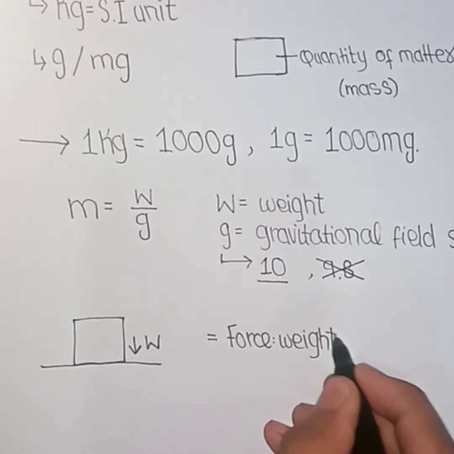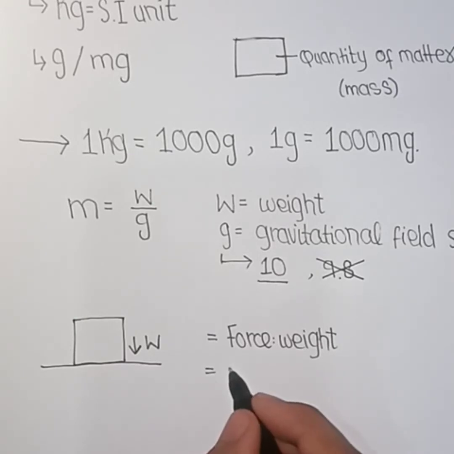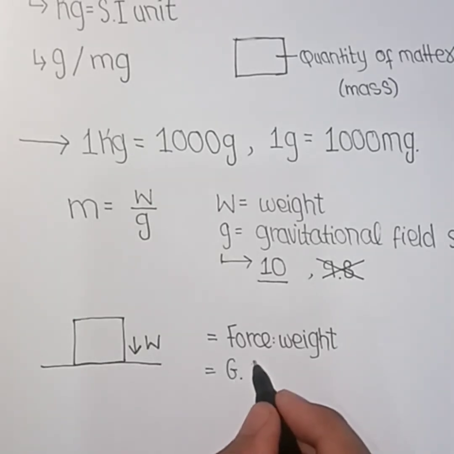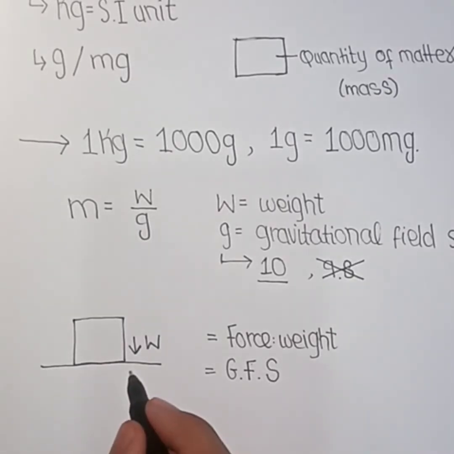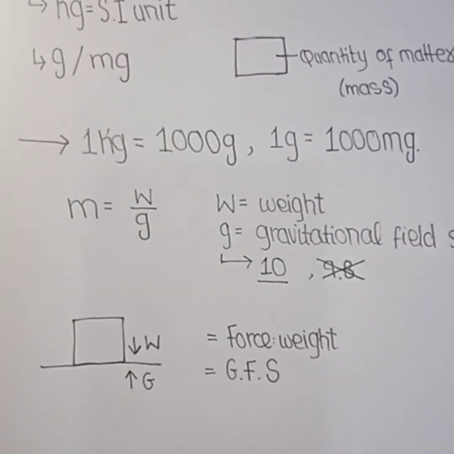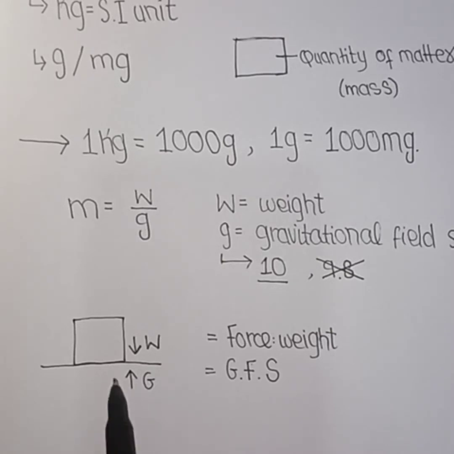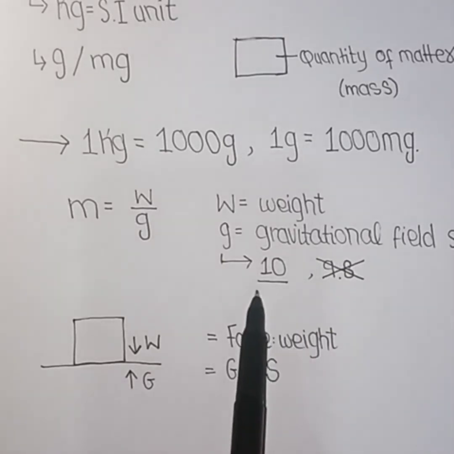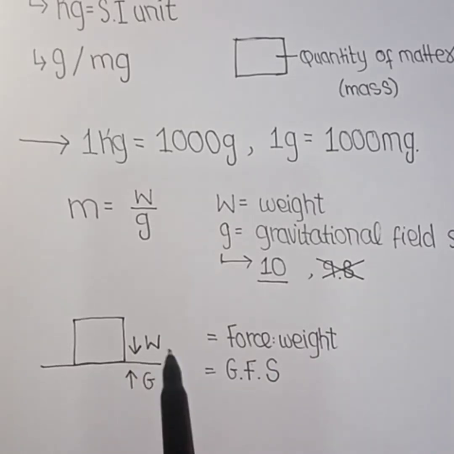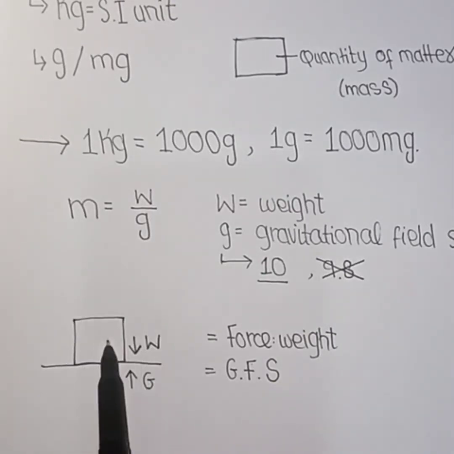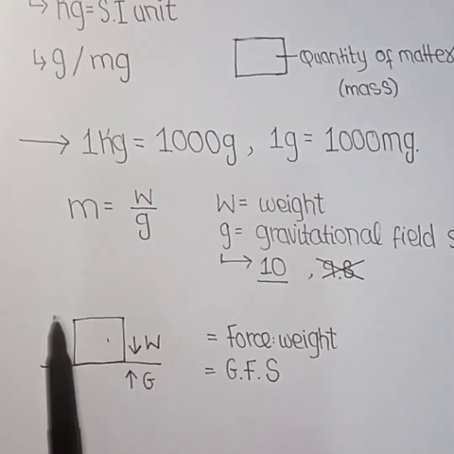But you also need to memorize that there is also a force of gravitational field strength. The gravity force you need to remember as 10, and the object's weight is also applying force downward. We will use these to find out the mass of the object.